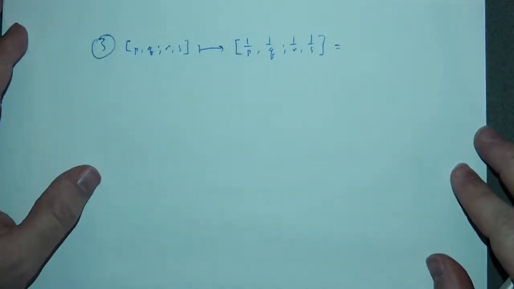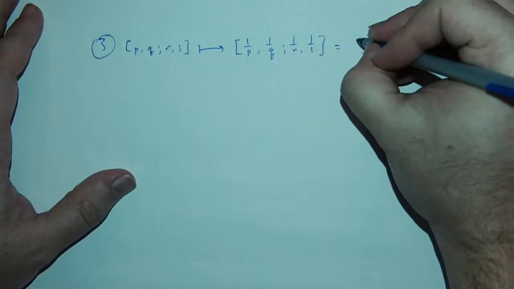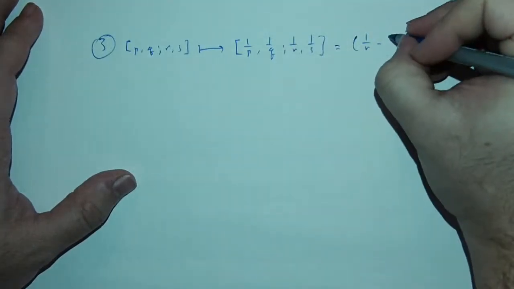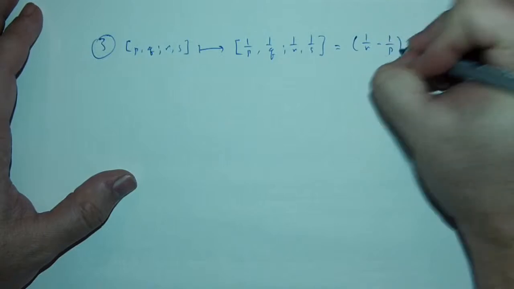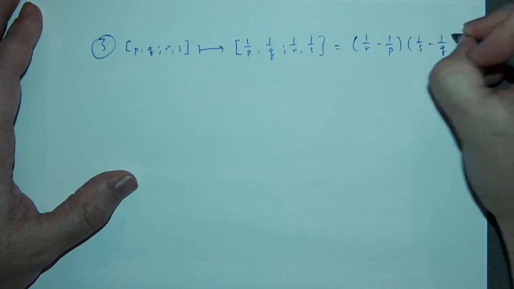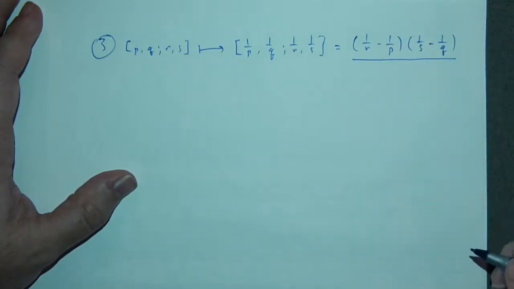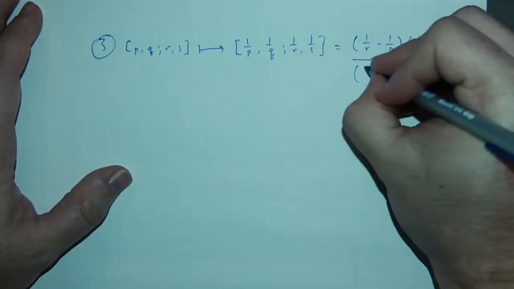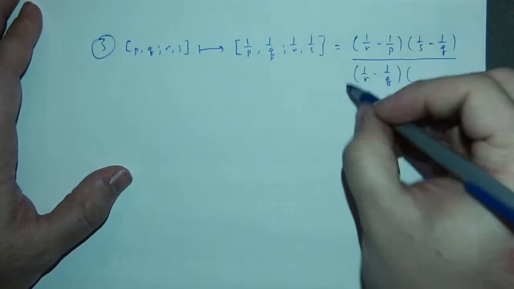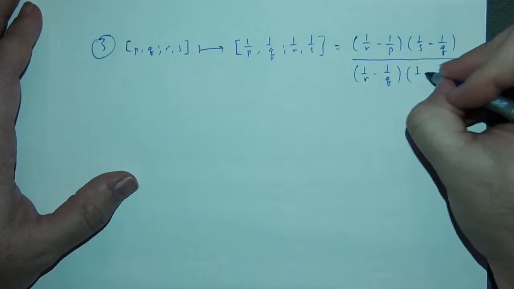This is the cross ratio that is 1 over R minus 1 over P times 1 over S minus 1 over Q, divided by 1 over R minus 1 over Q and 1 over S minus 1 over P.